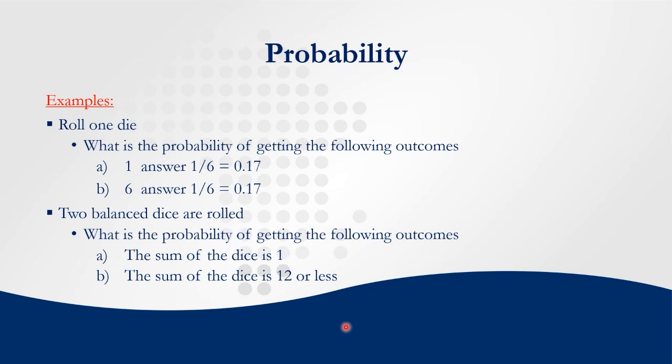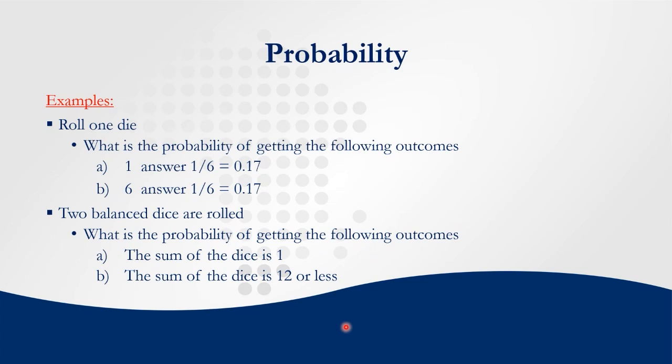Because the smallest number I can have is 1 on each. I could have a sum of 1 if one of the dice could land on a 0, then when I add them, I get a 1. So it's not possible that when I sum, I get a 1.